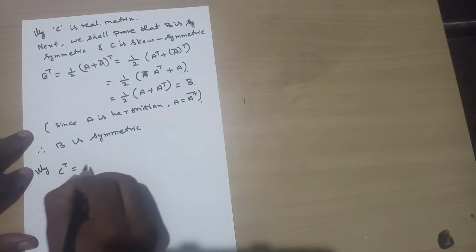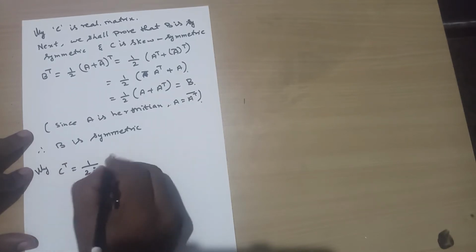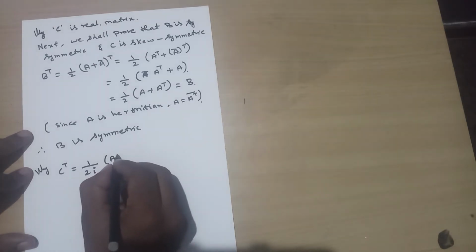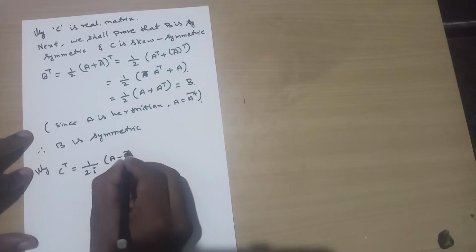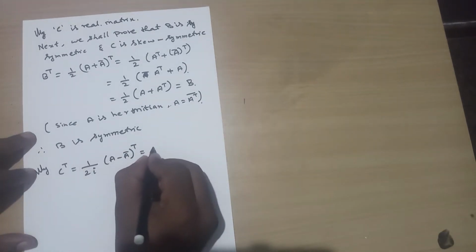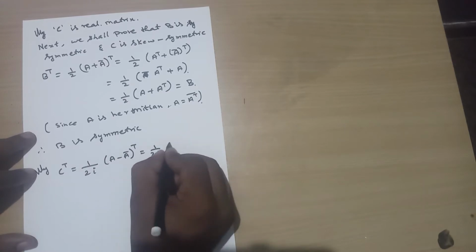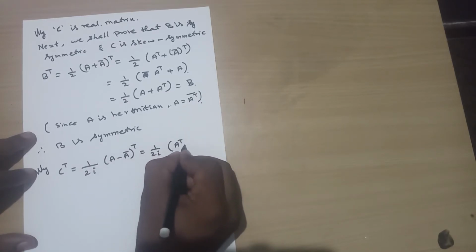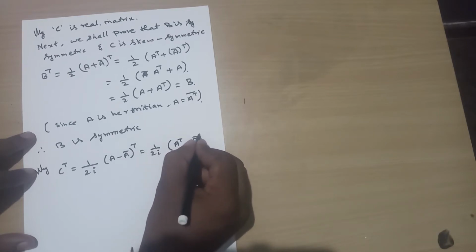So similarly for C, what do you get here? C transpose equals 1 by 2i into A minus A conjugate, whole transpose. So this can be written as 1 by 2i into A transpose minus A conjugate transpose.